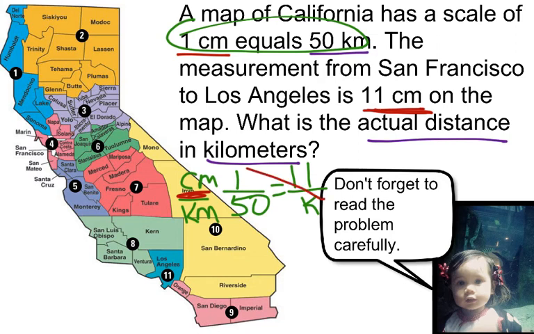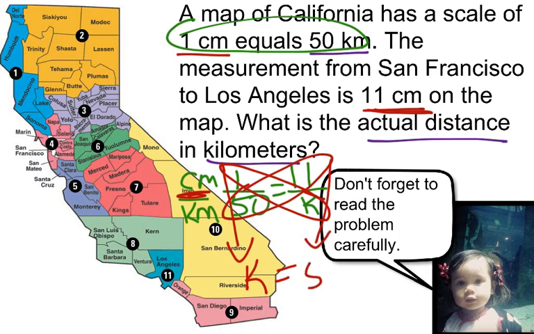Now I can use cross products. So I have 1K, which of course is just K, and 50 times 11. 5 times 11 is 55. Add the 0 is 550.